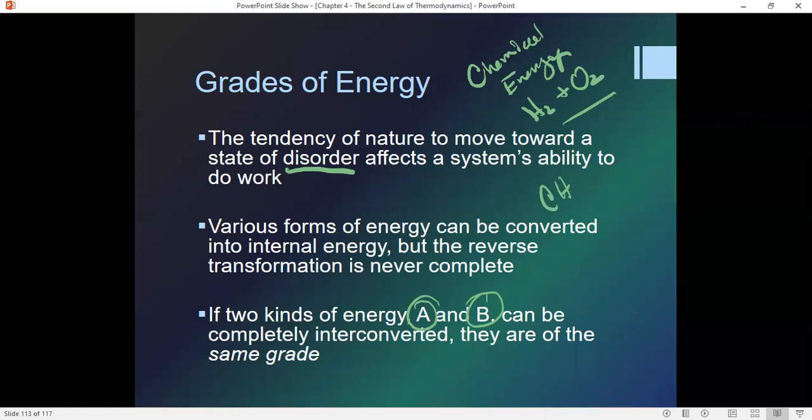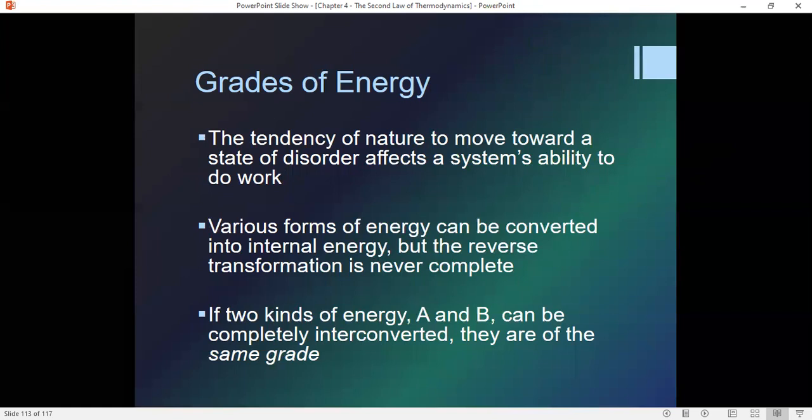I can use hydrocarbons and combine them with oxygen, right? Let me put methane here. And I can get energy and I can run some thermodynamic heat engine with that. I'm not going to balance this equation. I don't have to take chemistry anymore. But that chemical energy is a higher grade of energy because I can do something with that.